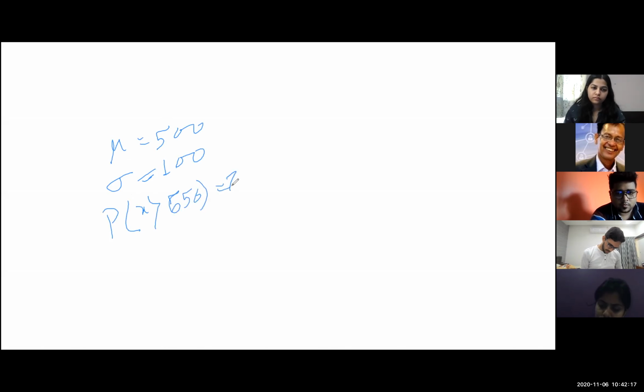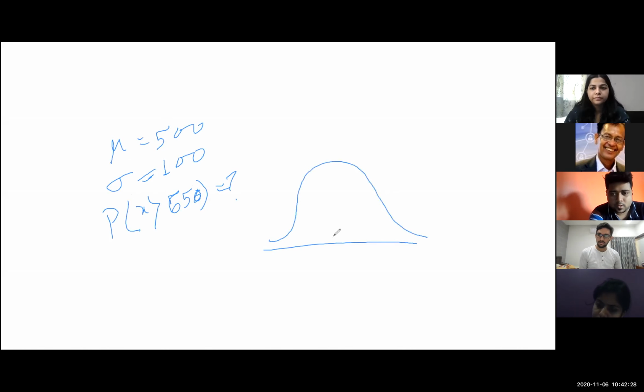All of you note it down quickly. Draw a normal curve. So the curve will be like this, and this is the middle value, so it will be 500, and 650 will be on this side. So we have to find this portion.